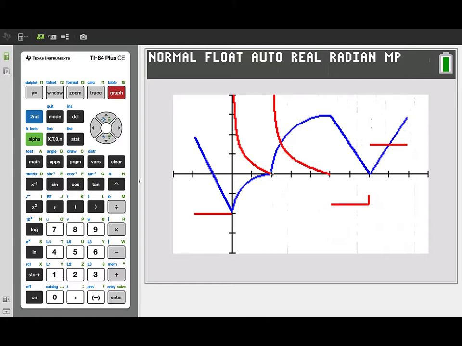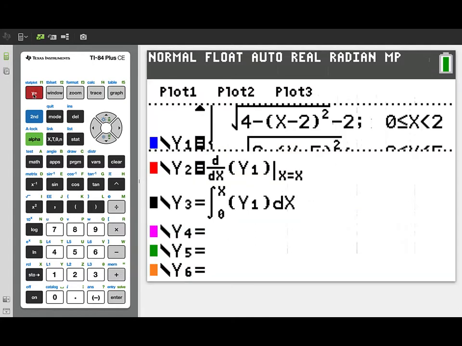Here where the slope starts out very positive and decreases to 0, we're seeing that for both of those quarter circle pieces, that behavior. And here's our sudden change from a negative slope constant to a positive slope constant reflected in the graph of the derivative. By the way, that glitch in the red graph is due to the fact we're plotting a numerical derivative.